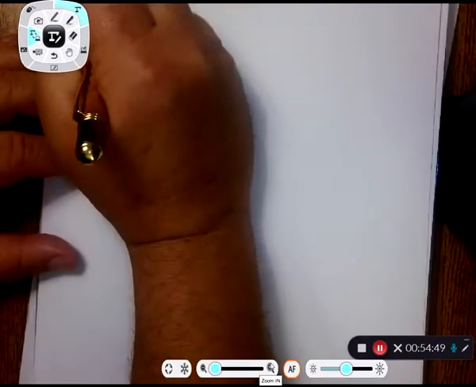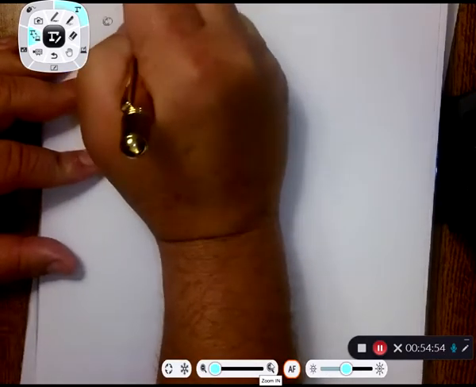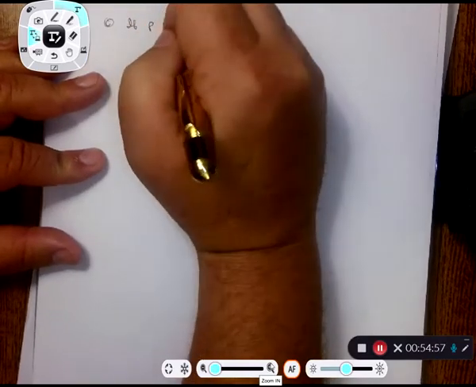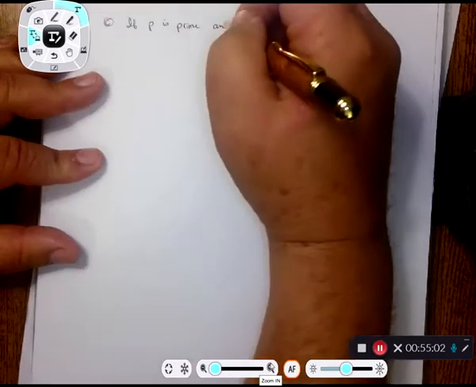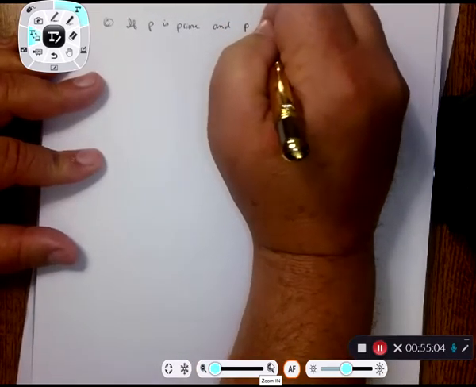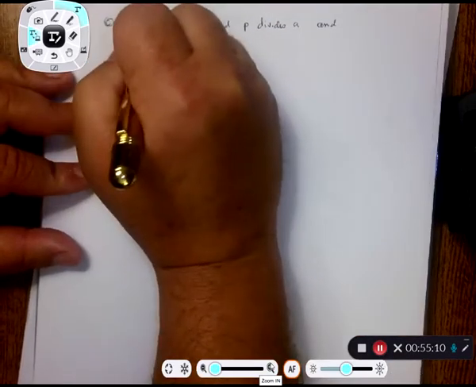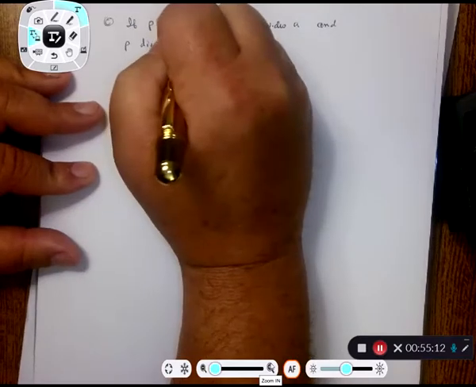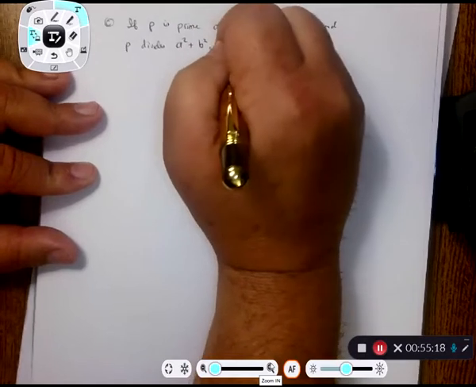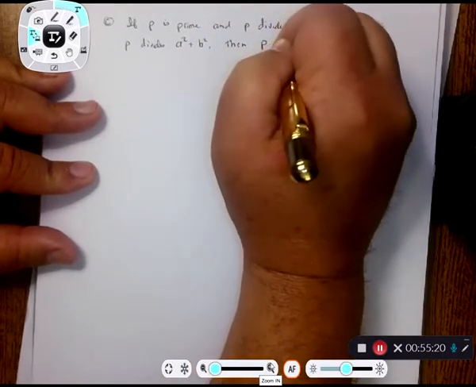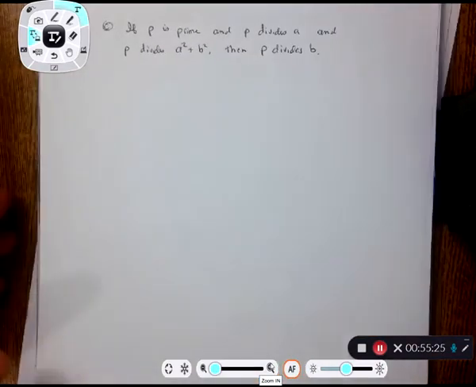That's a theorem, this is part C. It stated this: if P is prime and P divides A squared plus B squared, then P divides B. So here's my statement that we're turning into a theorem now.